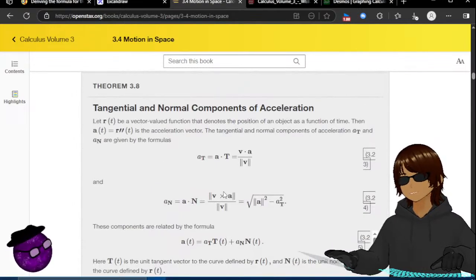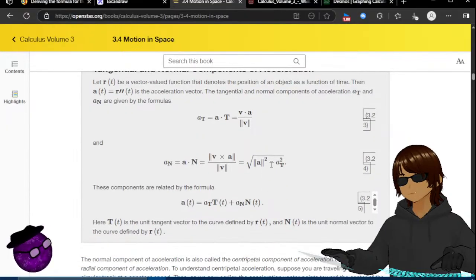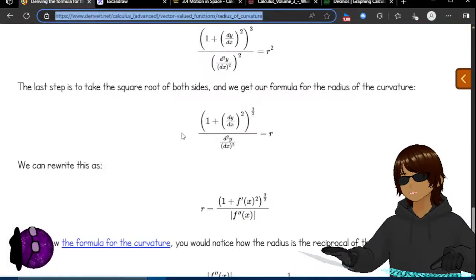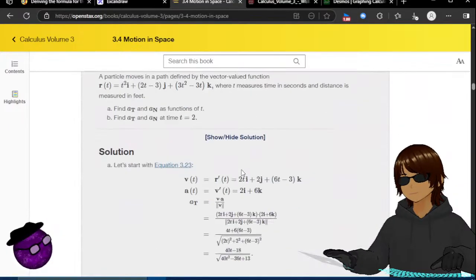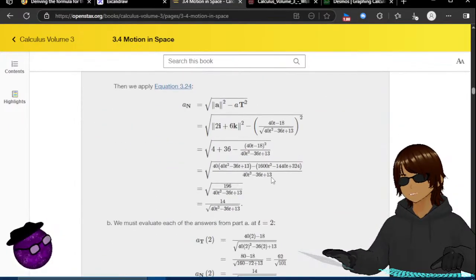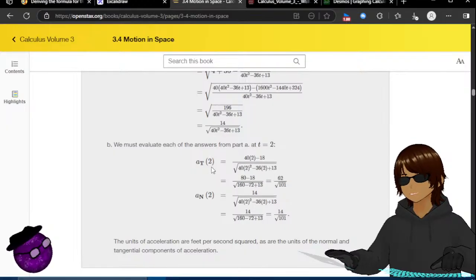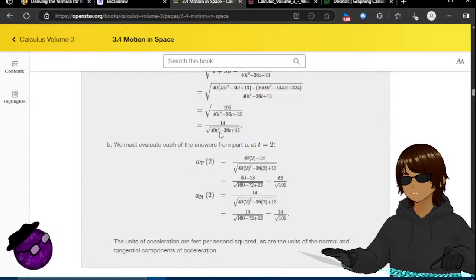So from this, they got this, which is the magnitude of the acceleration squared, minus it with 80. And then they ended up with 14 over 40 t square minus 36 t plus 13.